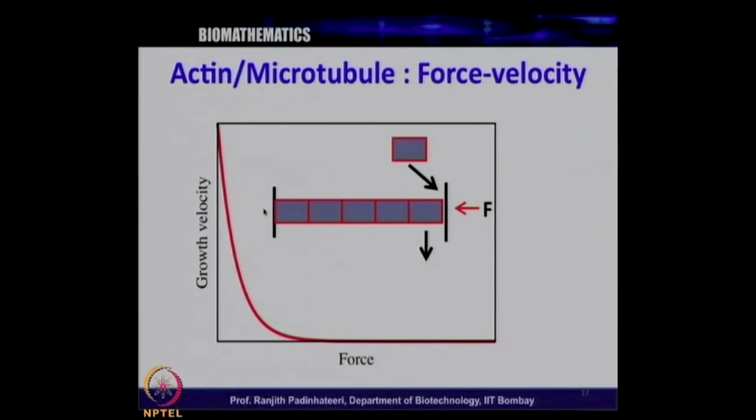And again, by studying this graph and the mathematics behind it, one can understand a lot about this experiment, and in general about the mechanism of actin or microtubule growth itself.